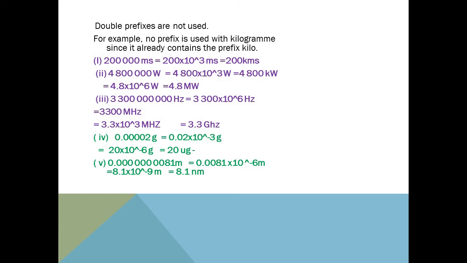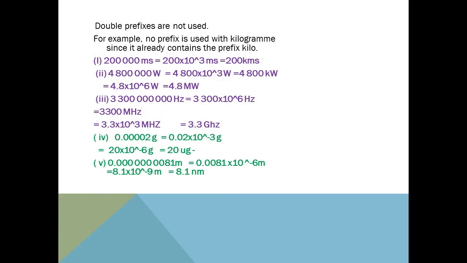Here you can see 0.00002 gram would be equal to, when the point is shifted three digits right from its position, 0.02 into 10 raised to power minus 3 gram, and when it is shifted 6 digits, then it will be equal to 20 into 10 raised to power minus 6 gram, which is equal to 20 microgram.